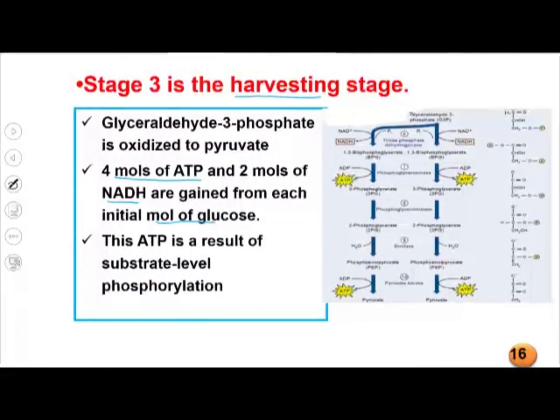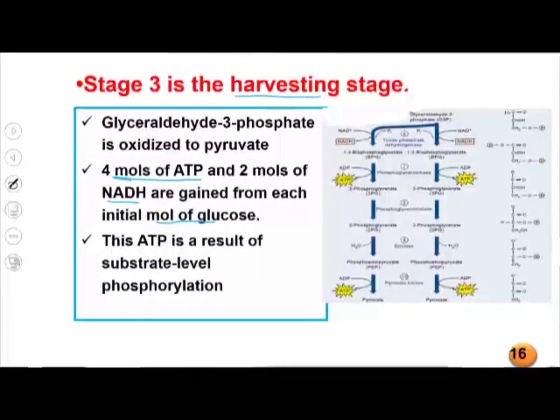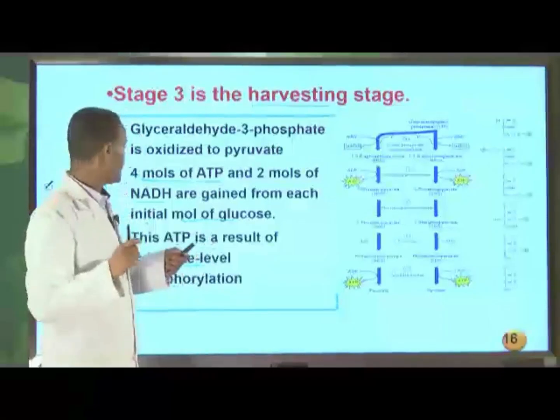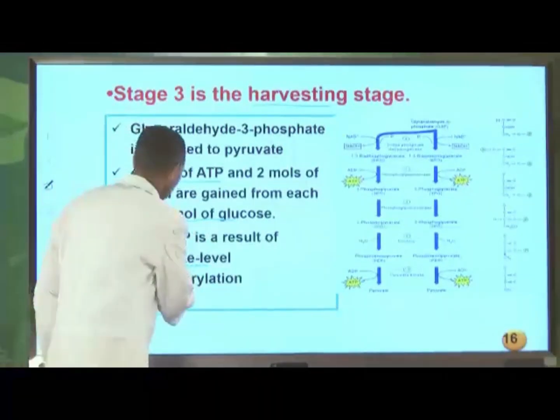That is why it is called the harvesting stage. It is the stage at which we can get ATP. Here, the ATP is a result of substrate-level phosphorylation.